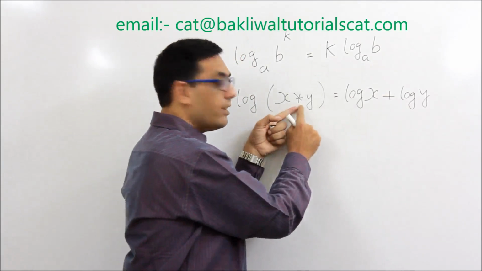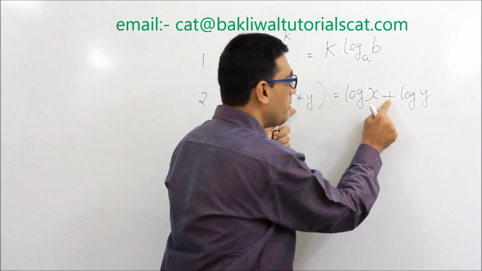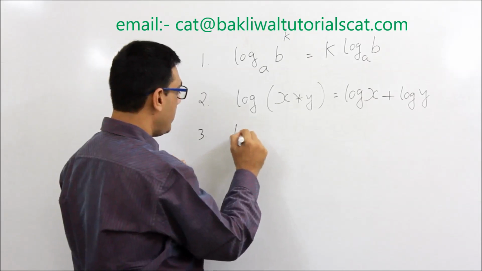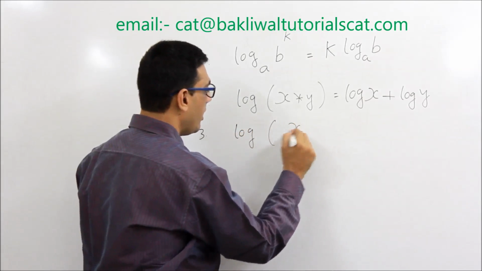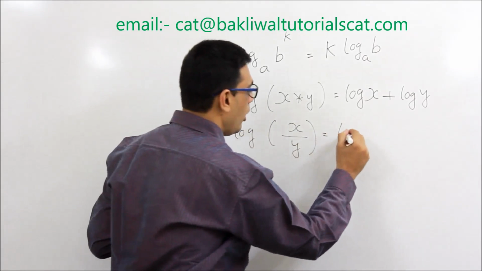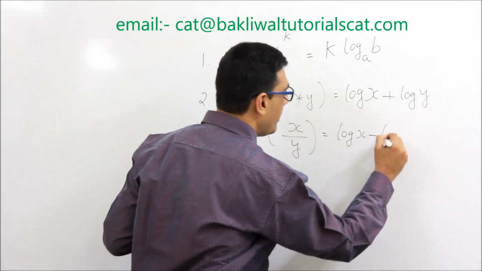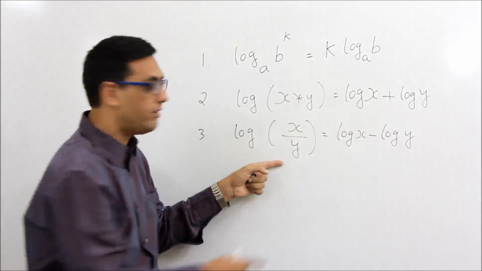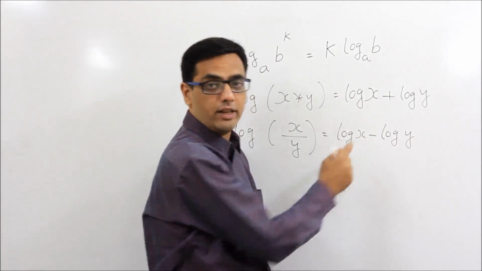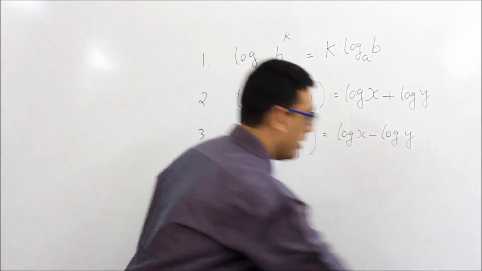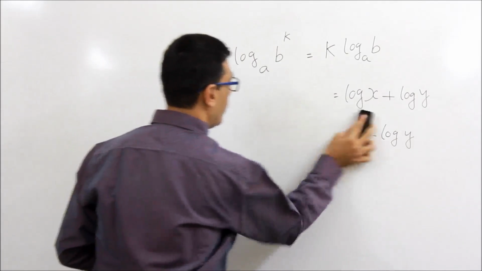If there is a product, that becomes plus. Log a plus log b. The third rule is very simple. Log of x divided by y is log x minus log y. Please understand, if there is division in the numbers, the sign will come here as minus. Very simple. Let's take another rule.